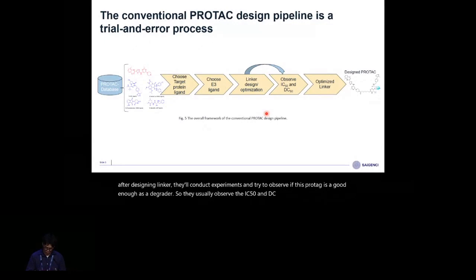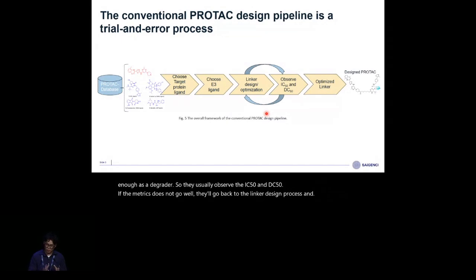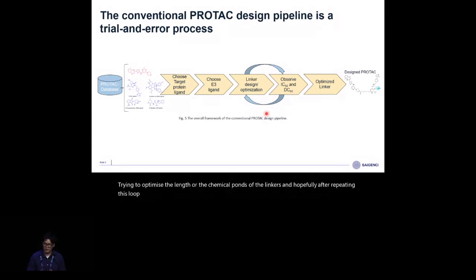If the metrics do not go well, they'll go back to the linker design process and try to optimize the length or the chemical bonds of the linkers. And hopefully after repeating this loop multiple times, they can find an optimized linker and get a designed PROTAC.